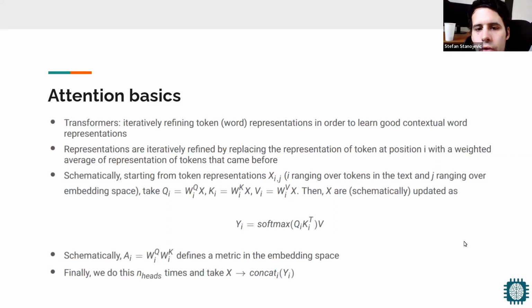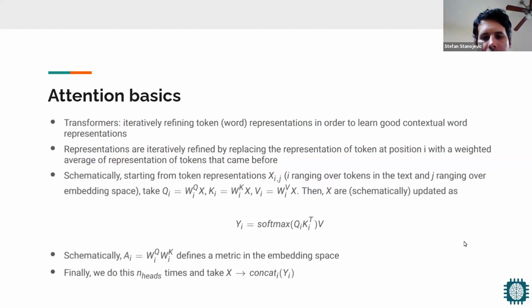So if you remember how softmax works, if you pass a vector to softmax, it's going to return another vector whose entries add up to 1. It's a soft version of taking the maximum. Okay, so if I did write out what is inside the softmax in terms of W_Q, W_K, and X, you would see that this product W_Q times W_K plays an important role.